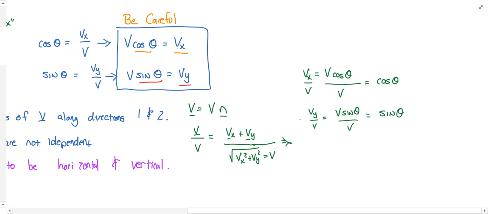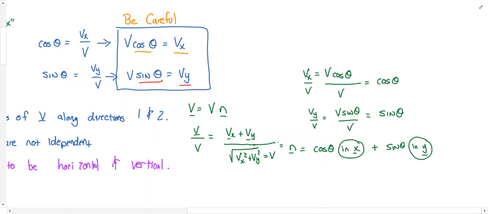So when we write this unit vector, v divided by the magnitude, that's equal to n. Well, then that's equal to cosine theta in the x plus sine theta in the y. Now, what does it mean to be in the x direction and in the y direction?